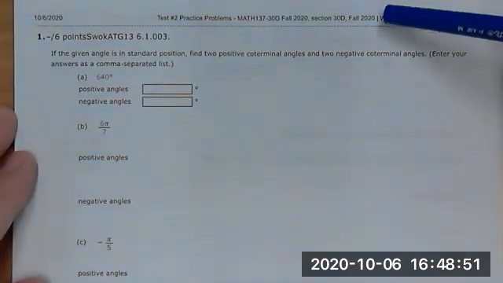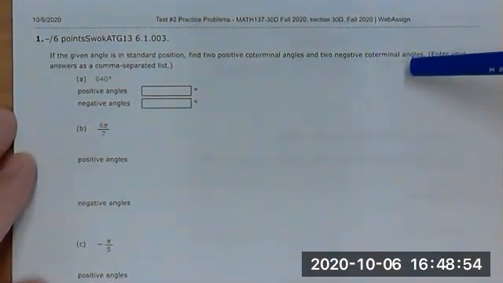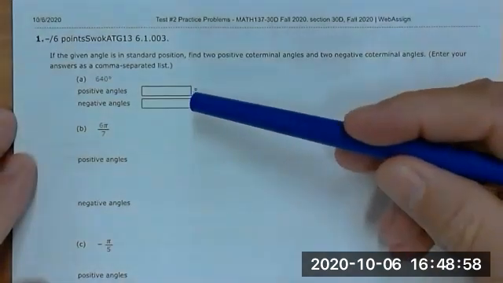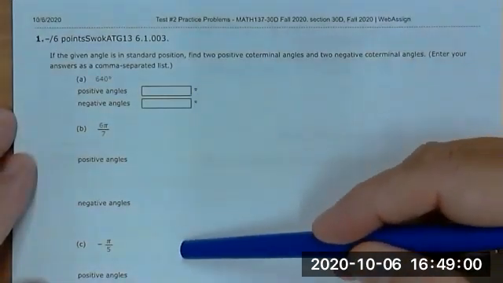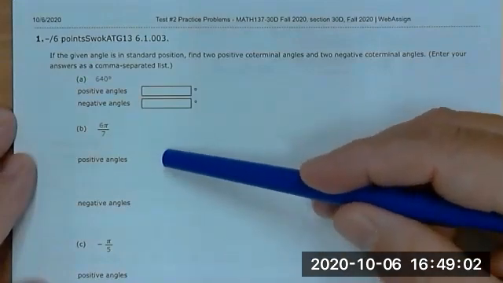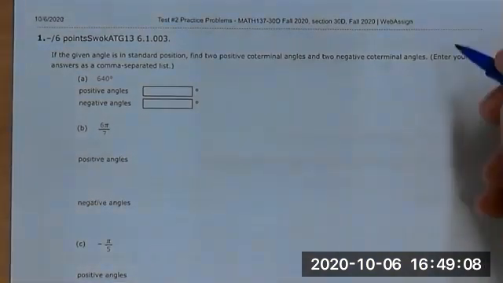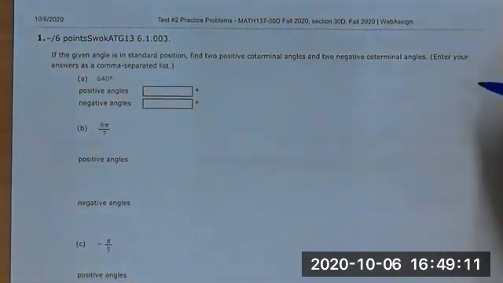So this first problem, find 2 positive coterminal angles and 2 negative coterminal angles. I think I'll probably do just A and B, since C is just like B. So once again, coterminal angles are angles that start and stop in the same place.